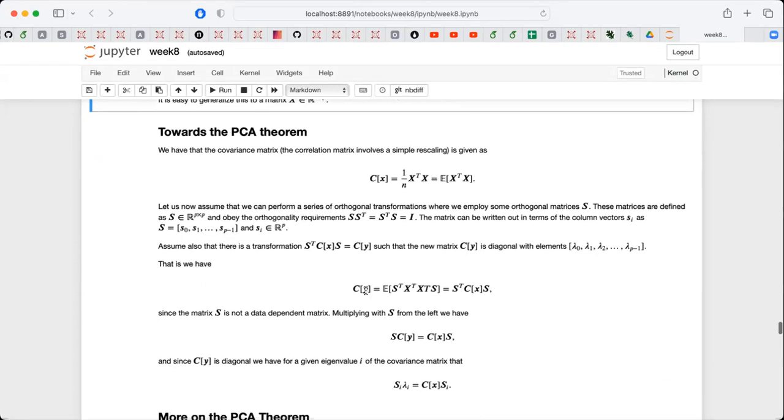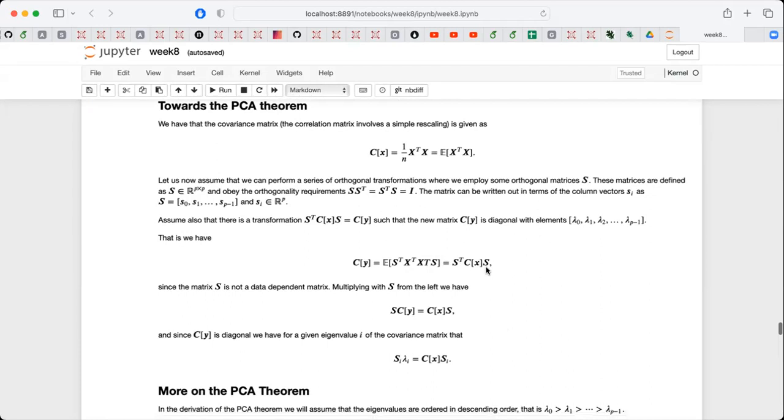What we can show is that when we perform this orthogonal transformation, this corresponds to performing an orthogonal transformation of the matrix X. So these are orthogonal matrices, and we are performing an orthogonal transformation of this matrix here.